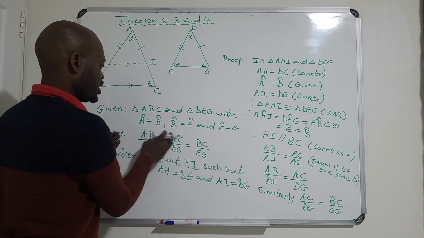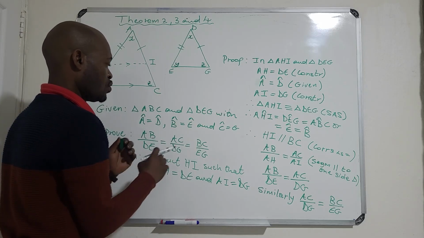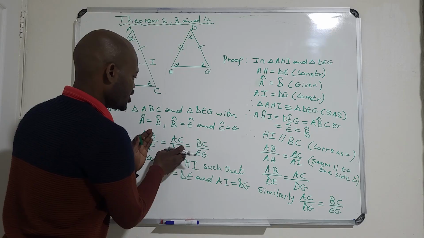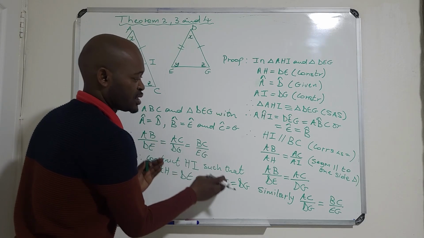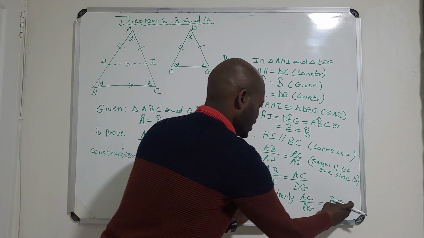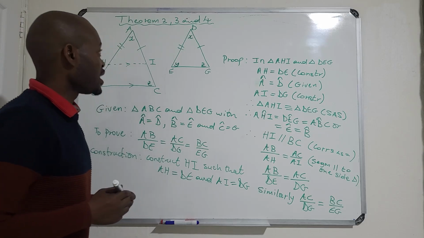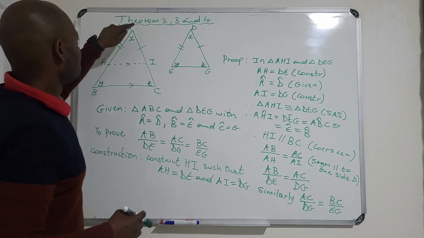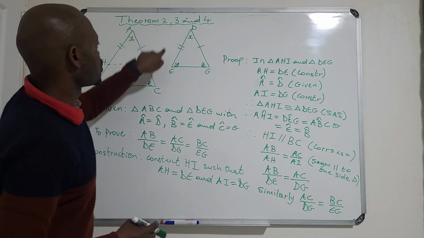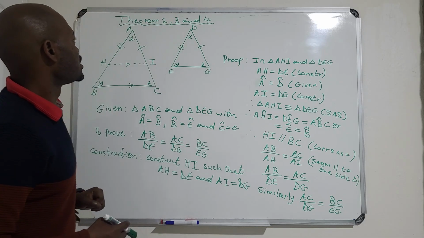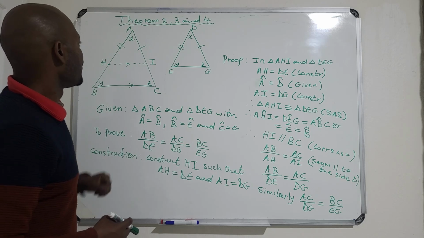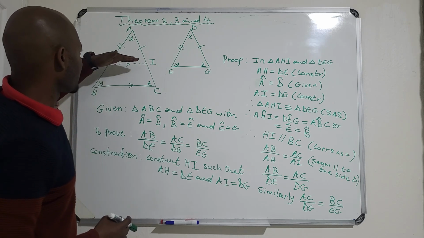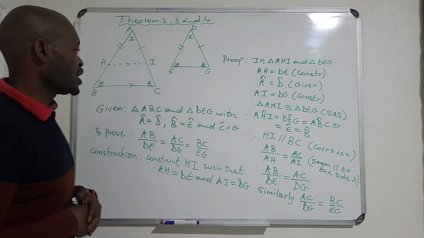I've just proved that this is equal to that, so it is for you now to prove that this part is equal to that part. This is how we prove theorem number 1. Once the two triangles are congruent, we can prove that this side is parallel to that side.